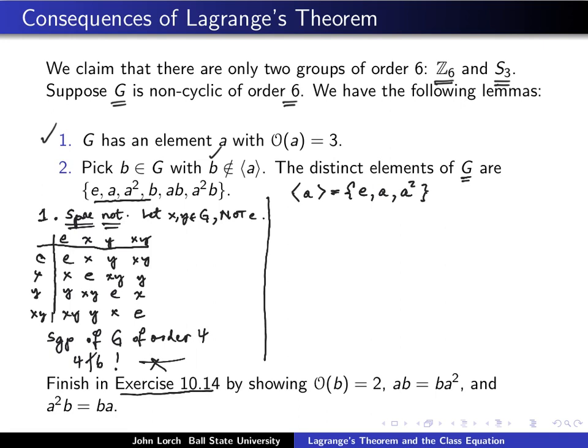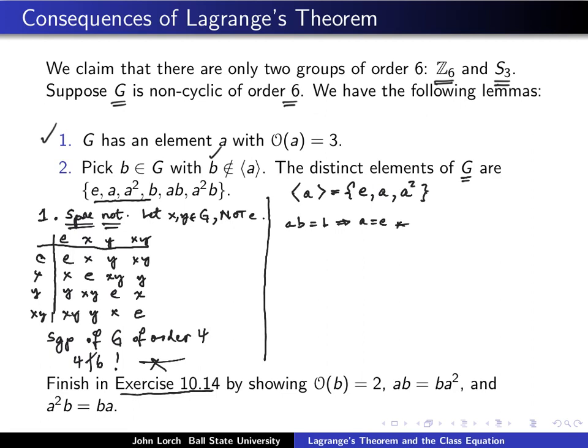So what about AB, the next element in the list? If it were equal to B, then by cancellation, that would imply that A is equal to the identity, which doesn't happen.